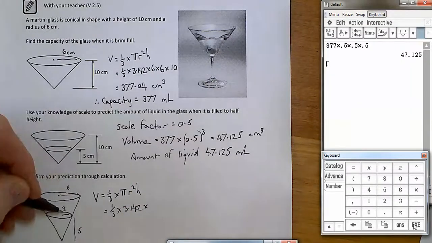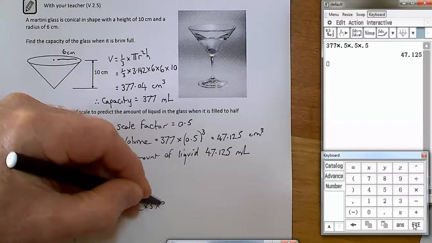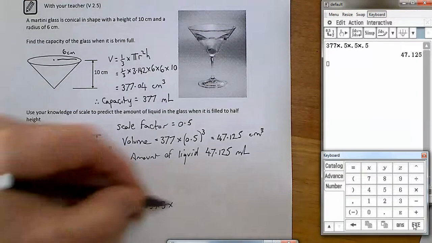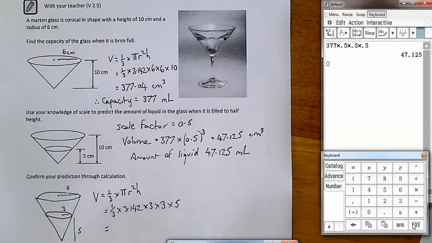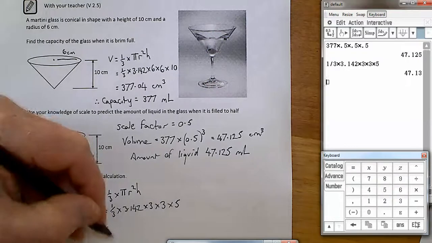Times radius squared is 3 times 3 times height of 5. And I'll just do this one on the calculator too, so it's 1/3 times pi, 3.142, times radius squared, 3 times 3, times the height of 5. 47.13.